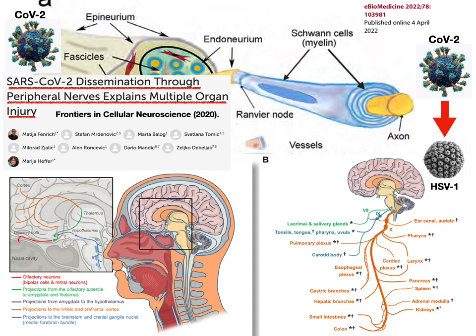Glial cells are a known site for neurotropic viruses such as HSV1 to establish persistent tissue reservoirs. In the case of a COVID-2 infection, the invasion of nerves by COVID-2 is likely to produce neuritis, inflammation of the nerves.